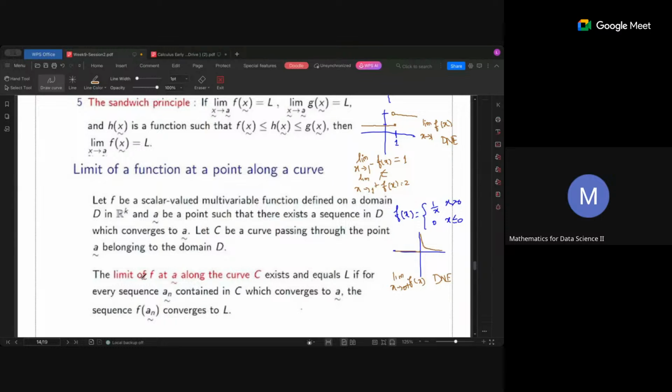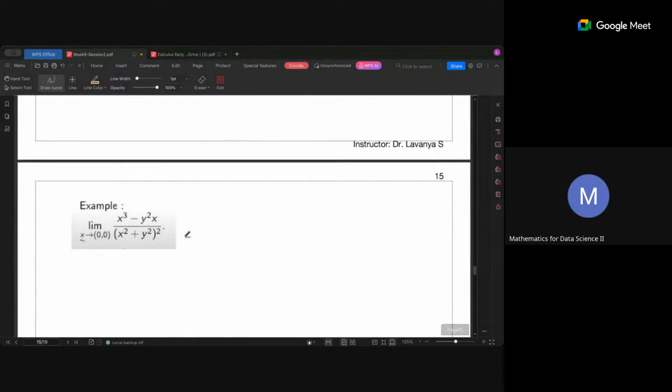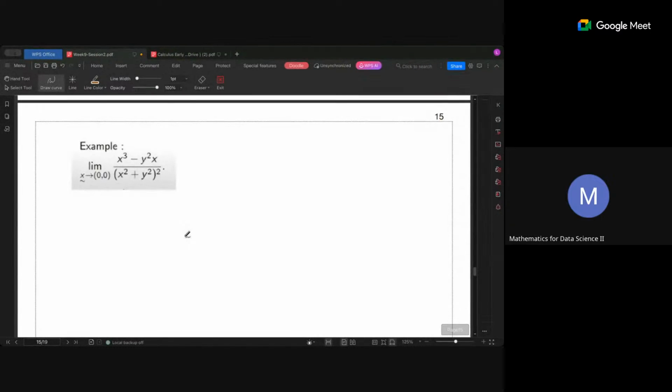The limit of the function along this curve is equal to L if for every sequence a_n in C which converges to A, f of a_n converges to L. So instead of just left and right, now you have any curve C which passes through the point A. We will look at examples that will make this more clear.